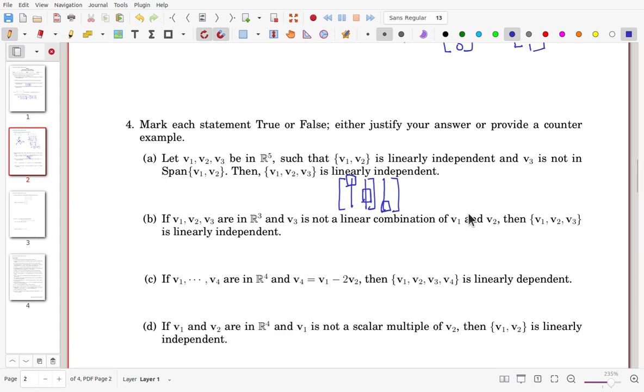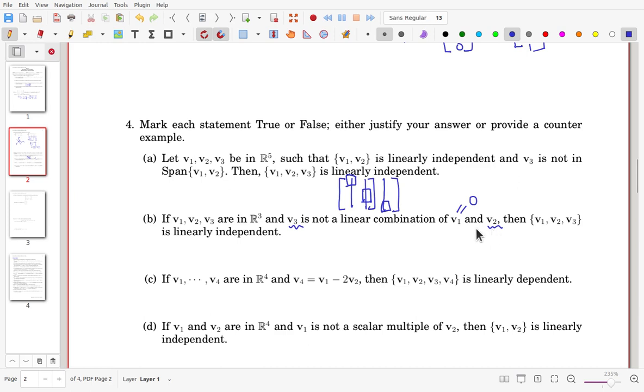Then you may simply choose one of them 0, for example. Then this part will be true when you are choosing V3 independent from V2. So this portion will be true, but this is sad because V1 is 0, cannot be linearly independent.